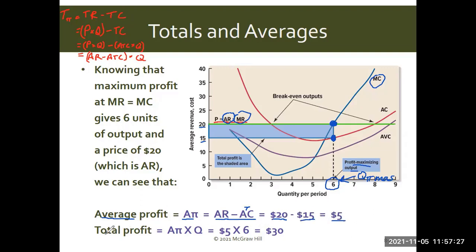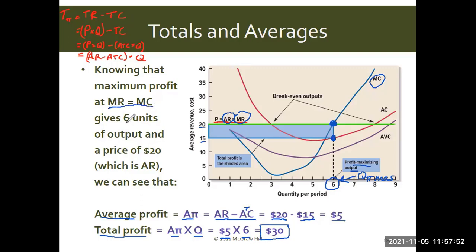Well, I want to know my total profit really. So that's just got to be my average profit times quantity. So that's a dollar figure of $5 on average times 6 units. So my total profit is $30. And if you remember, that's what we got last time. So they're basically showing that and wording it right here, knowing that maximum profit is where marginal revenue equals marginal cost.